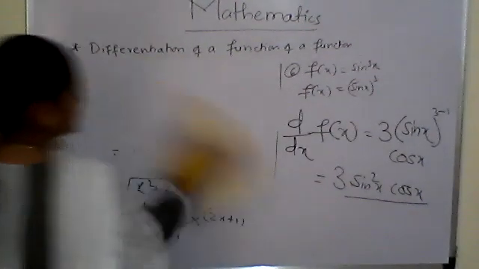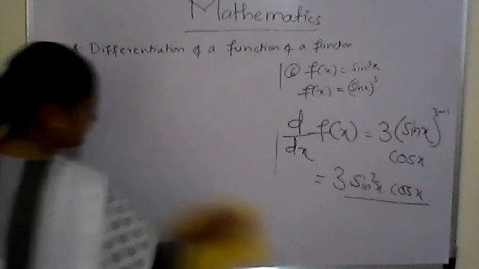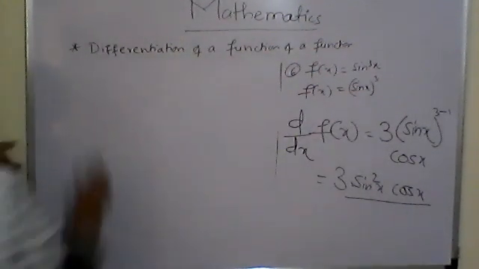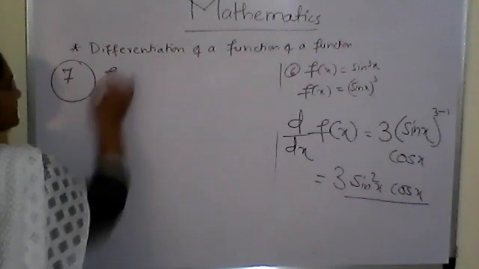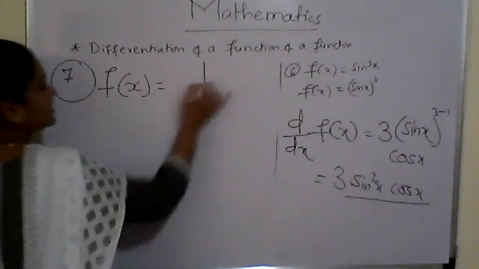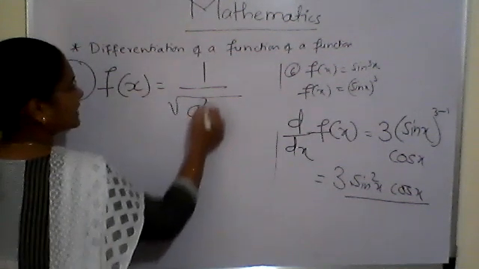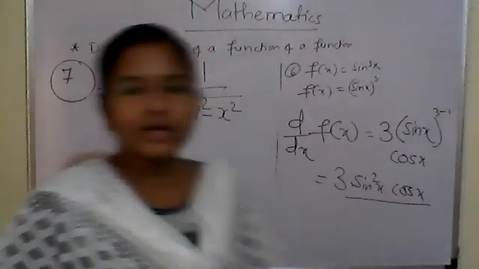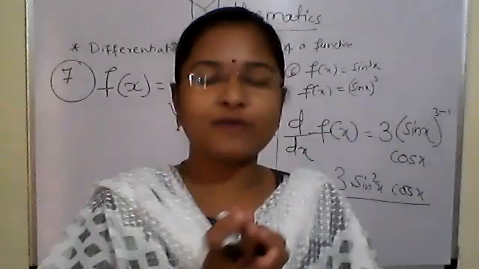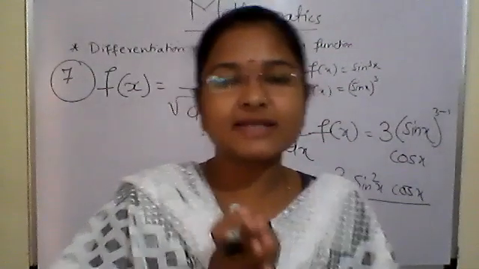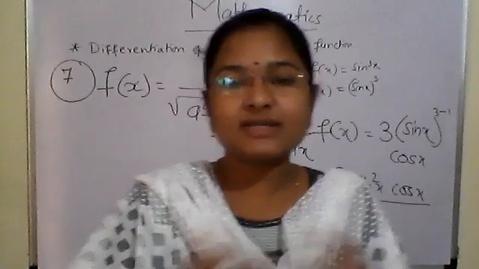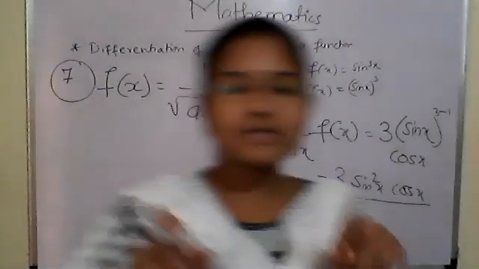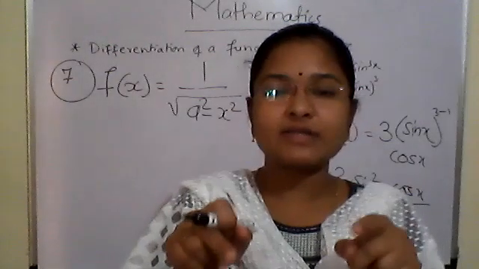Okay. Now the seventh question: 1 upon square root of a square minus x square. Here a 1 upon root function is there, and in the bracket a square minus x square is there. What is the derivative? This root we can write as a square minus x square raised to minus 1 by 2.